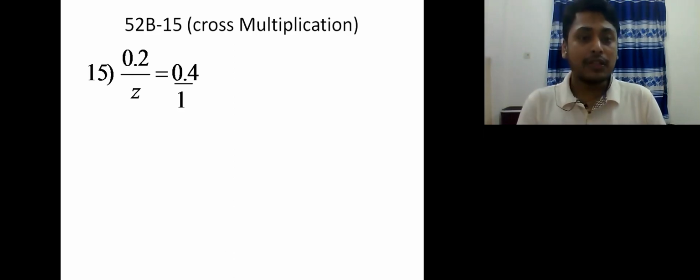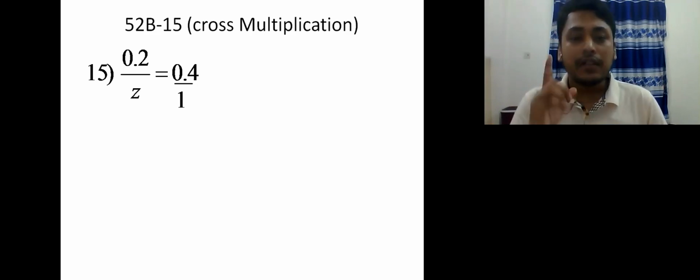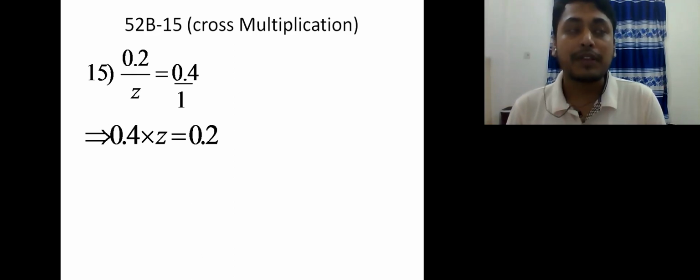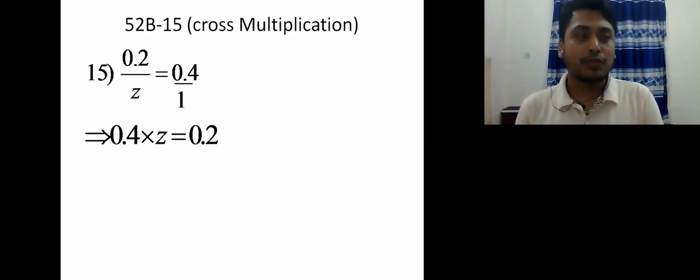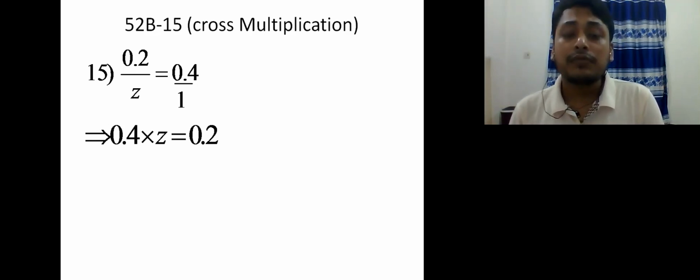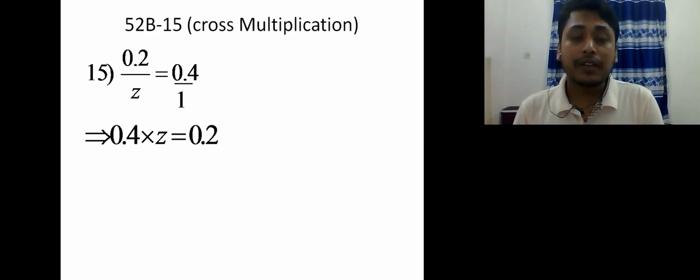Here z is down, so we start from this corner. z and 0.4 multiplied give 0.4 multiply z, or 0.4z, both are correct. And 0.2 multiply 1 equals 0.2. So 0.4 is in multiplication with z, so it will be a division.